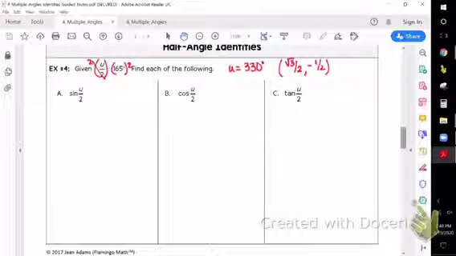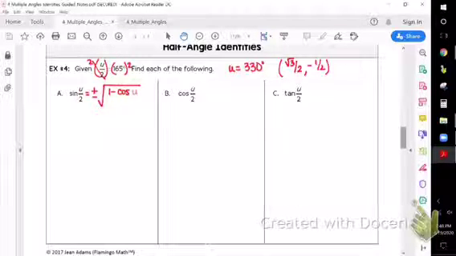Alright, so to remind us of our half angle formula, we know that it's equal to plus or minus the square root, and this is the big square root because it's got a fraction in it, of 1 minus cosine of u all over 2. Now, our problem here is sine of 165 degrees equals. 165 degrees is in quadrant 2.